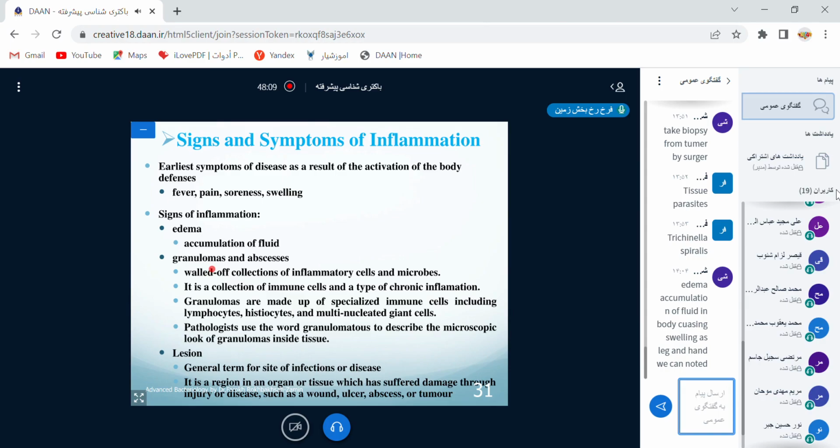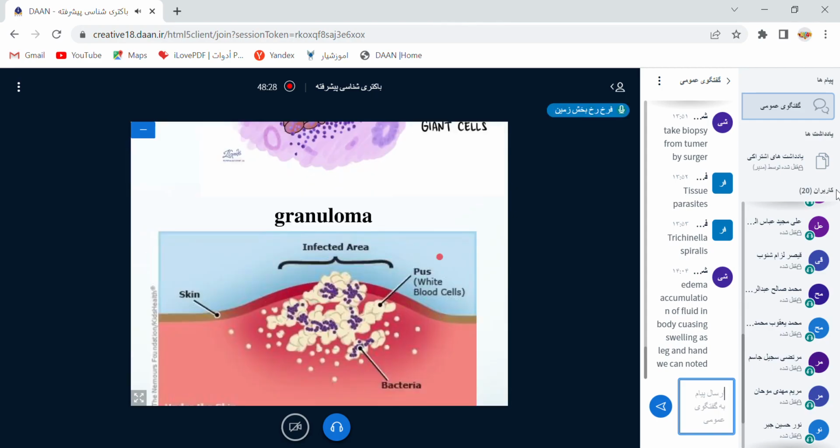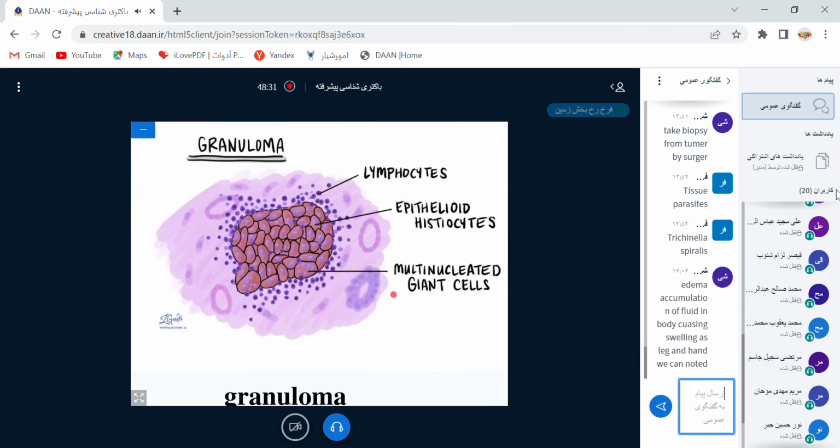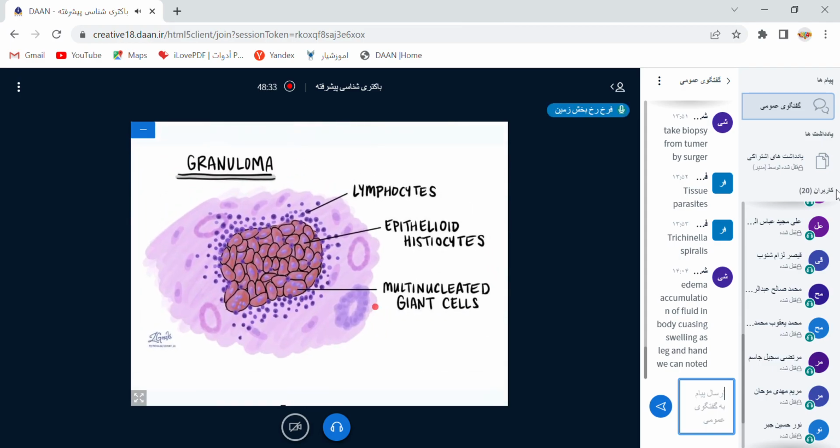Another thing is granuloma and abscess, walled off collections of immune cells and microbes. It is granuloma. You can see here granuloma. So bacterial cells and immune cells, it is a war.